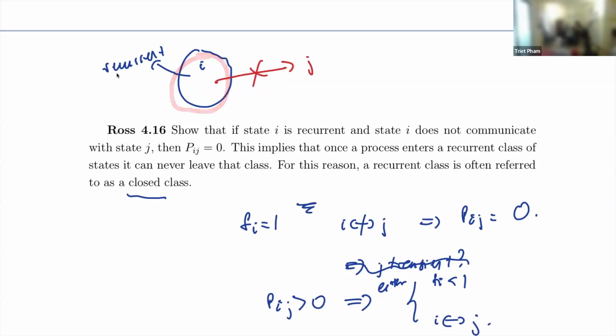A recurrent class should be like a closed balloon by itself. If the balloon is not leaking, well, all well and good. The amount of helium in there is preserved. You travel around. But as long as there's a leak, no matter how small or how remote, like a small probability, eventually it will leak and eventually you will go out. So you cannot stay in the class forever.